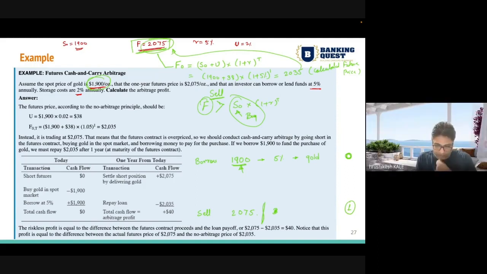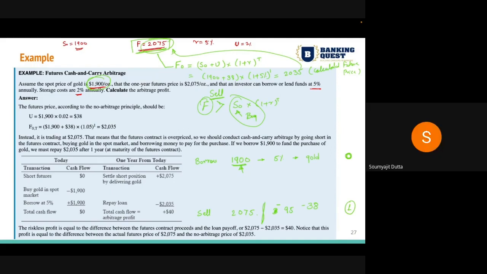So I will pay 95. Because I am paying, it will be minus. Again, storage cost will be 38. For the complete year, I will pay that also. Got my point?